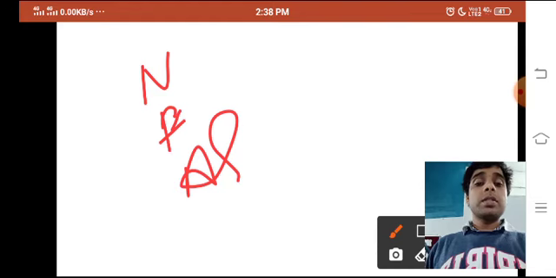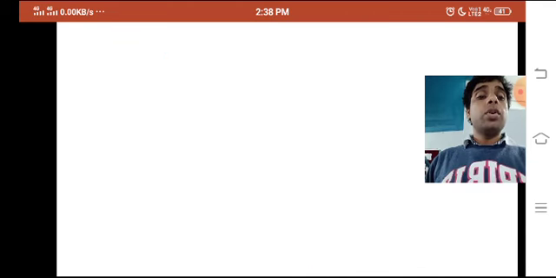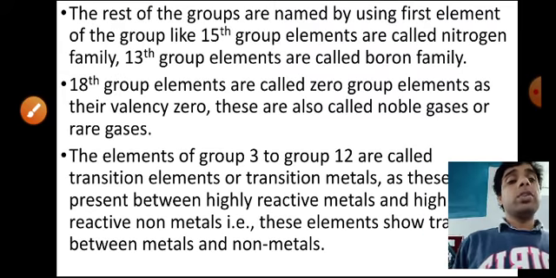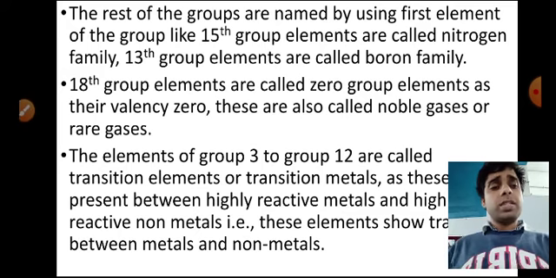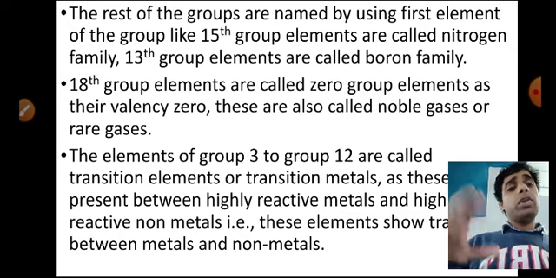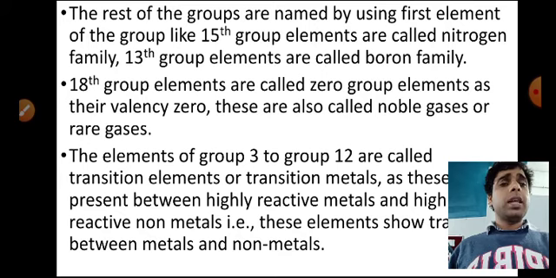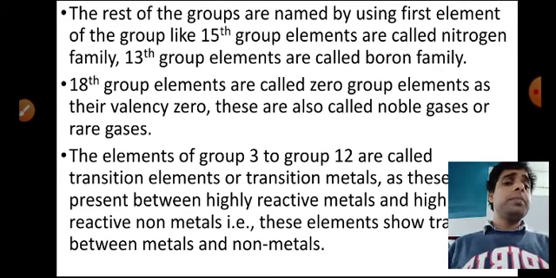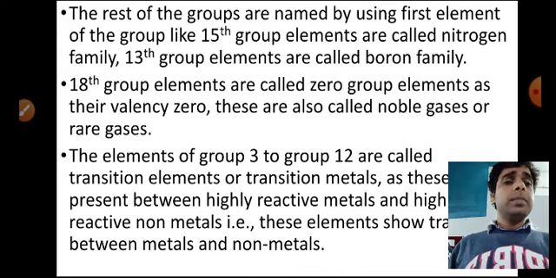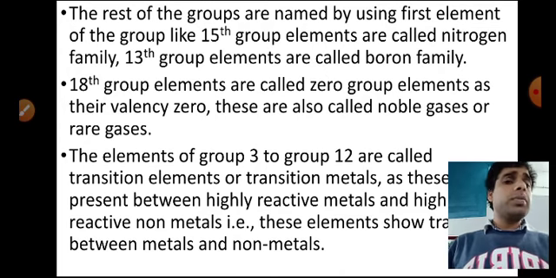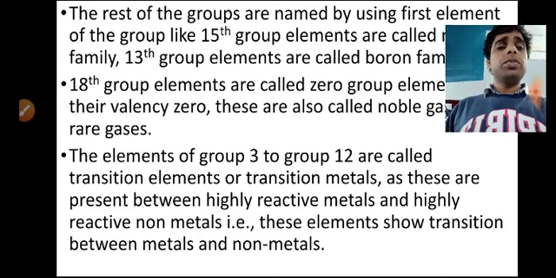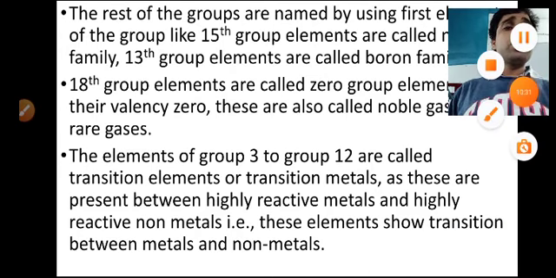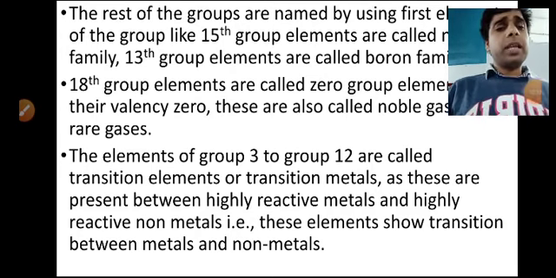So you have seen that it belongs to the nitrogen family, named after the first element. From its name only you have to say nitrogen family. The 13th group starts from boron, aluminium, gallium, indium, thallium. So that belongs to the boron family. If there are no special properties, you can call it by that family only.